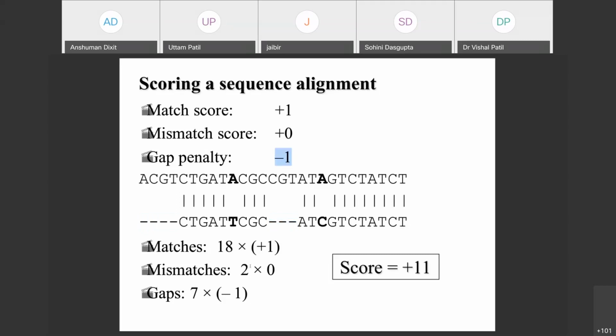The sum of these three will give you the alignment score: 18 plus 0 plus -7. So 18 minus 7, the total score would be +11. So you can say, okay, when these two sequences are aligned in this particular way, I have got a score of +11. Now if you change one residue from here to there, you might get a different score.